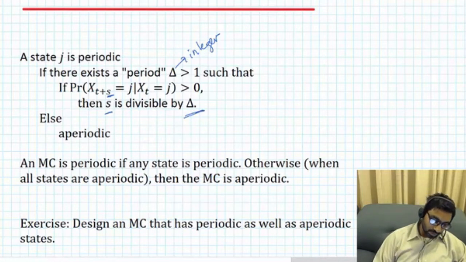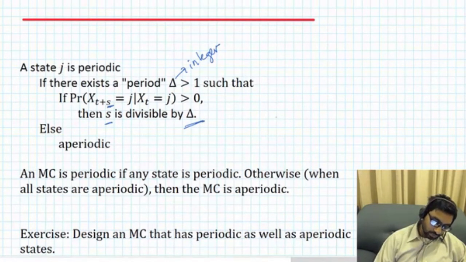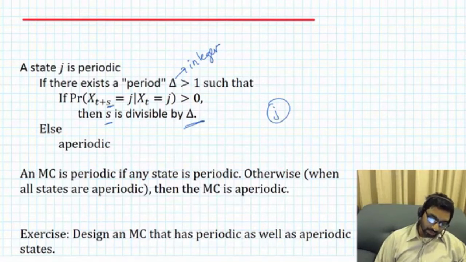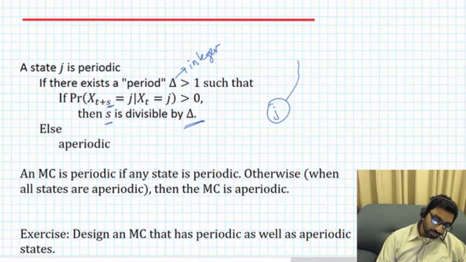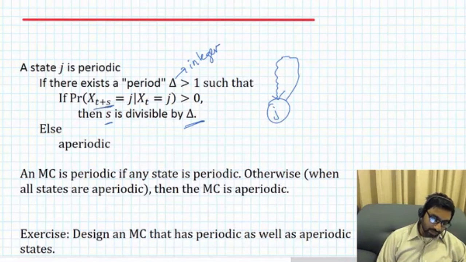So let's see if we can get a picture. We're talking about a state j, and we are at state j at some time t, and we're considering all future possible revisits of j, and those are at time say t plus s.